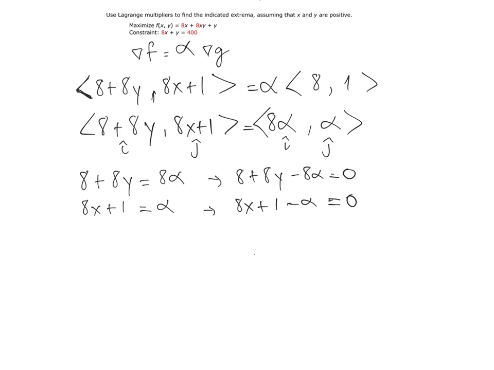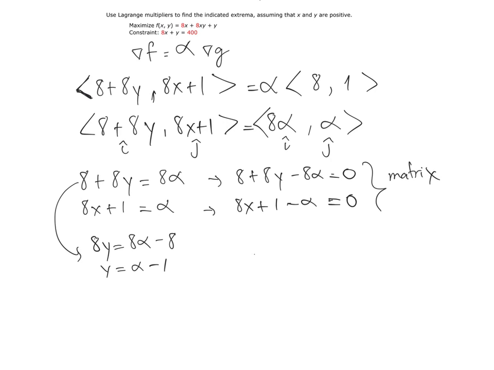So you would plug this into the matrix to solve it, or if you want to do this by hand, you can solve for one variable, and then you can use the substitution method to find the other variables. So from here, I'm going to solve for y. 8y will be 8 alpha minus 8. Y will be alpha minus 1.